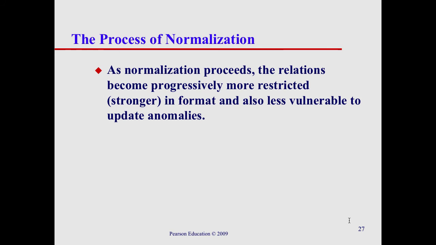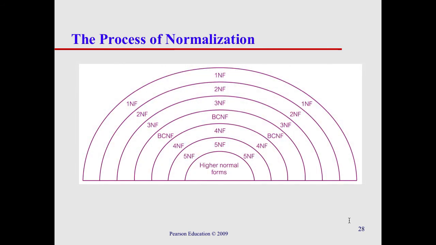We talk about zero normal form, first normal form, second normal form, third normal form. It's an algorithm that goes through steps to get to progressively more restricted relations that have less redundant data in them. That's the book's diagram. We're only going to be concerned up through third normal form.